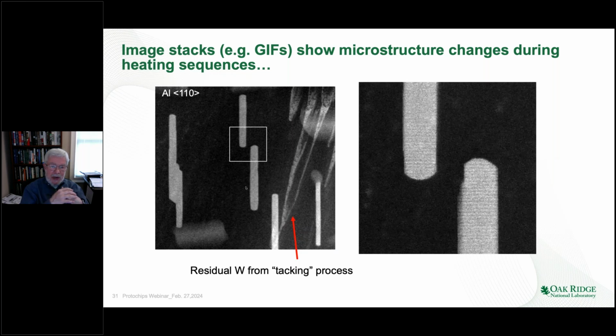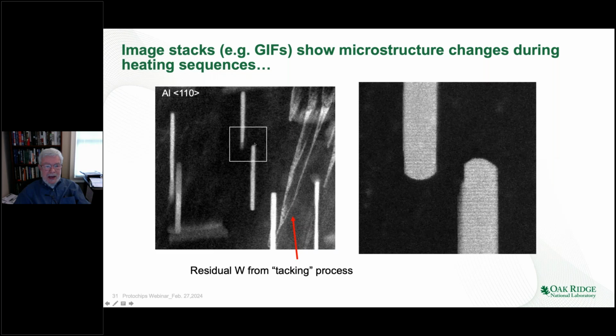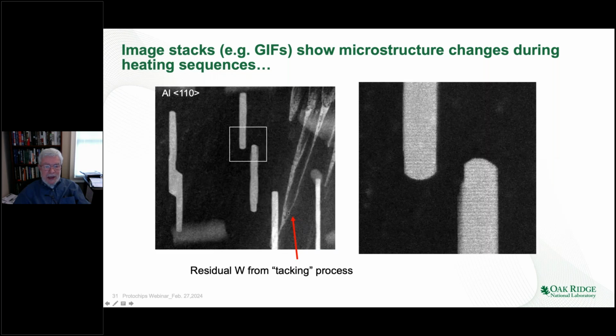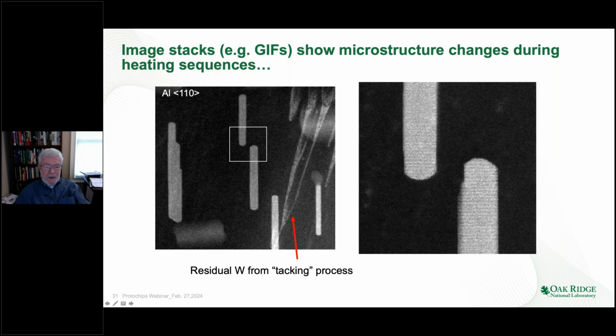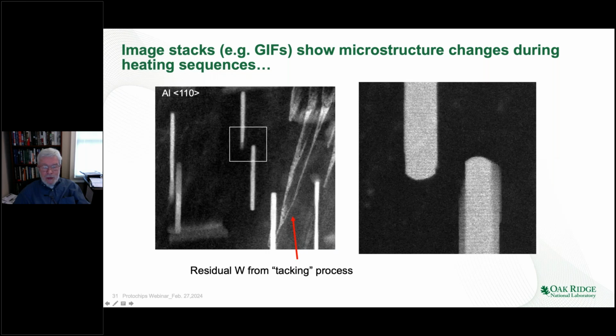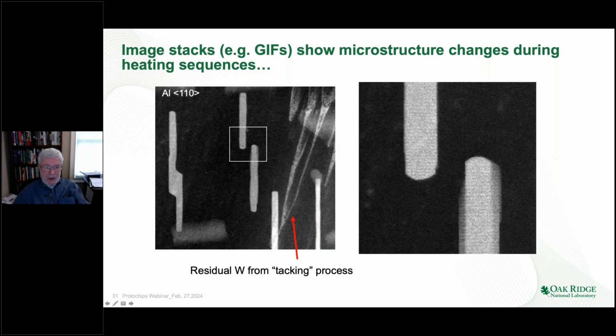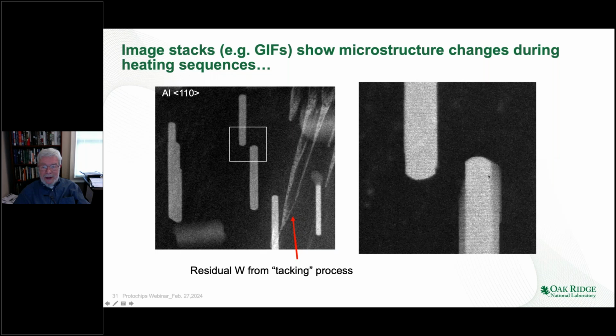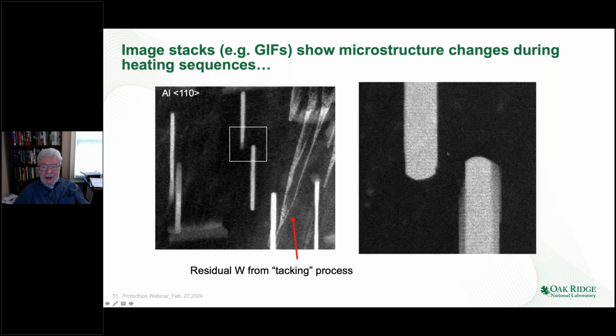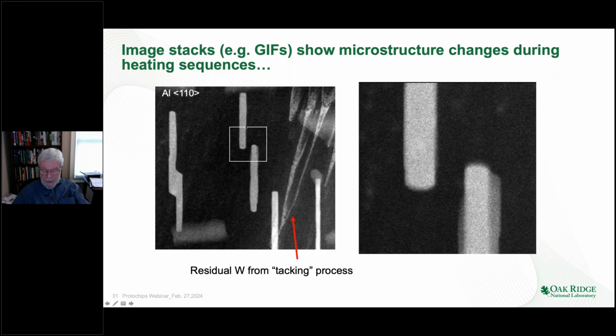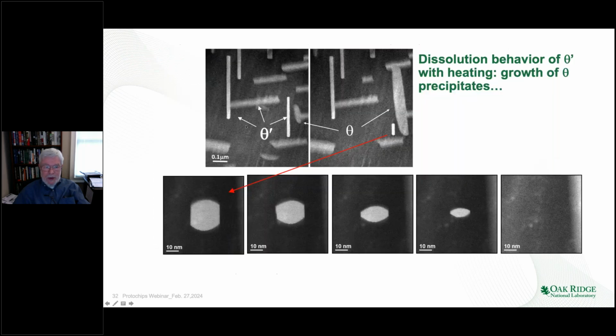We were able to use the xenon plasma beam at 2 kV to clean it off, and it actually ended up being a fairly nice example where you could use these residual tungsten features as fiducial marks. So here you can see these theta prime precipitates that are growing and dissolving, and here this is at higher magnification of this area, so you get some idea of what's going on there.